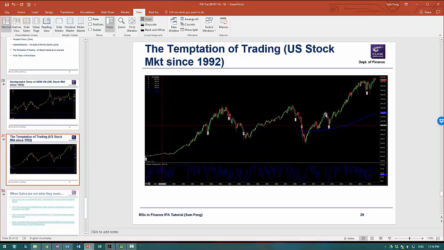Now I know, of course, it's very, very hard, but when you look at a chart like this, you can't help wondering, isn't it better at least to try than to just invest your money thinking that it could well do absolutely nothing for well over a decade? That's what I mean by the temptation of trading. It will always be there, because people will always think that way.